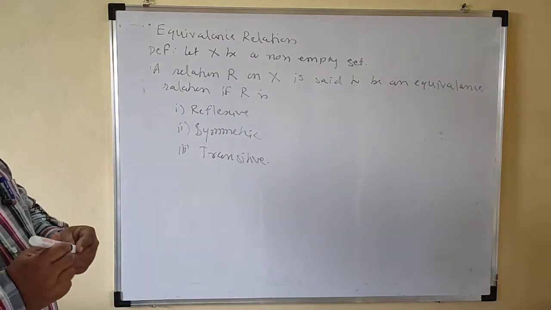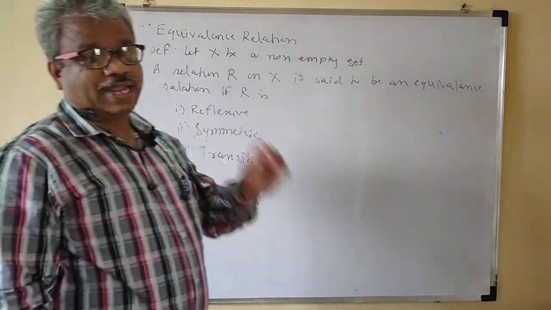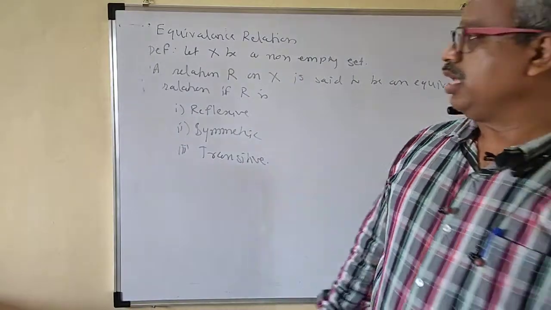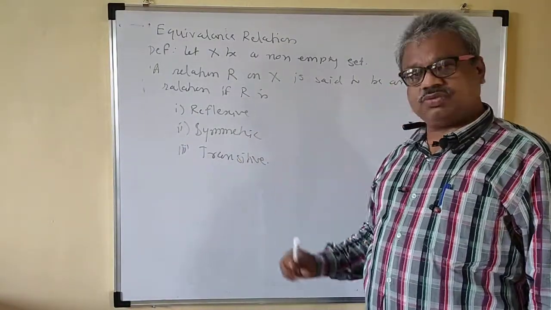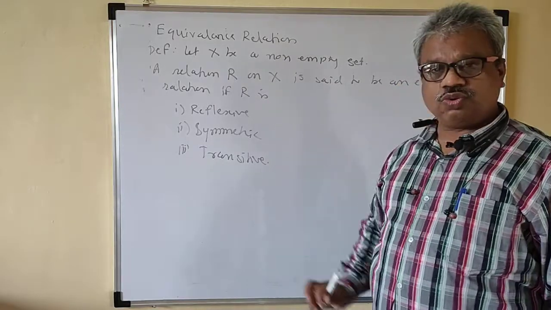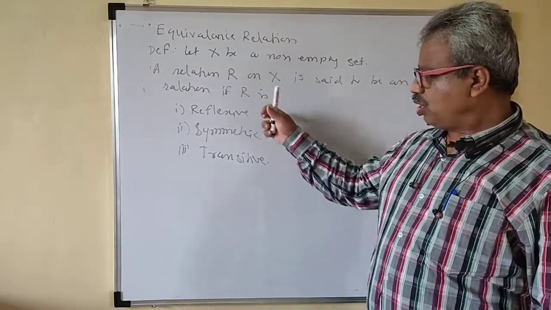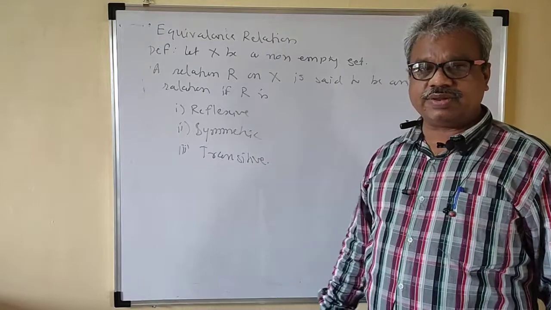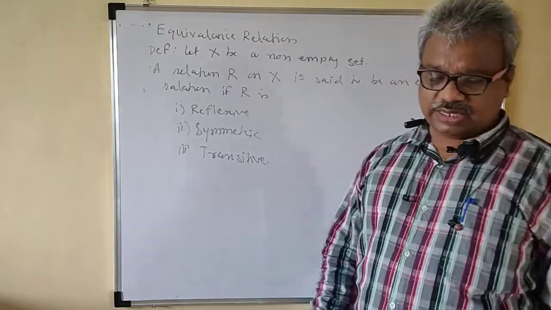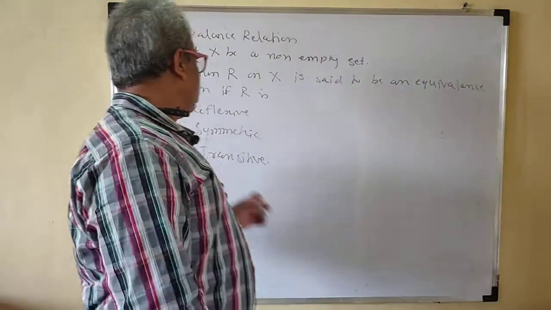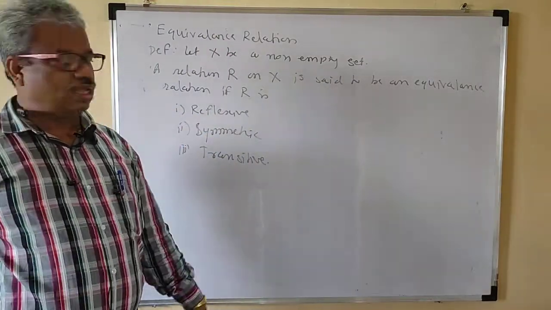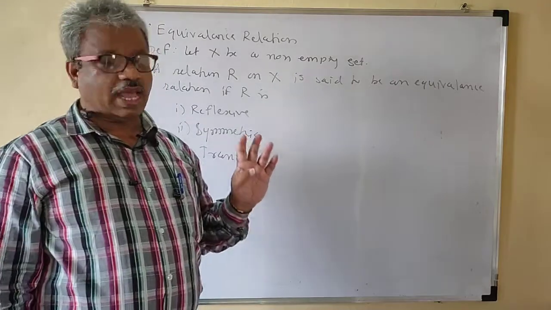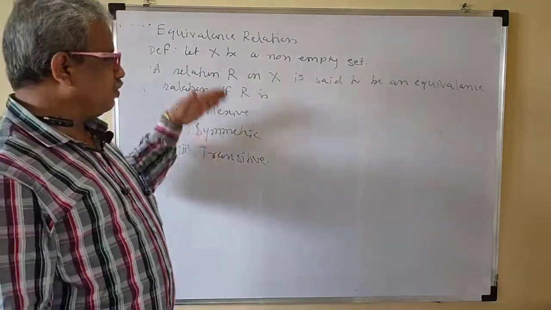So when we say that a relation is an equivalence, R should be reflexive, symmetric, and transitive; all three should hold. If the relation holds reflexivity, symmetry, and transitivity, then that relation is an equivalence relation. This is a very simple definition.